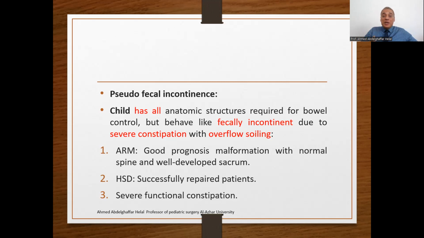The problem here is that this child behaves like fecally incontinent with continuous soiling, usually due to severe constipation with overflow soiling. The presence of constipation means that stool will be present for a long time in the rectum and the colon. The function of the colon is to absorb water. Then after absorption of the water, the stool becomes very hard and impacted, leading to more colonic dilatation with inertia of the colon.